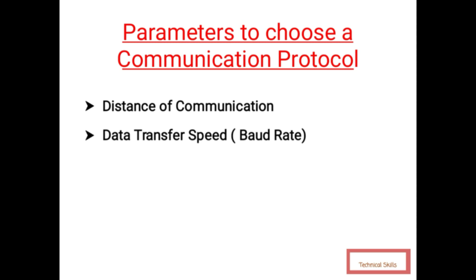Let's take the same PC to PLC example. Suppose we have to transfer a program from PC to PLC. We can use RS-232 cable because we have to transfer one-time data to PLC. So we don't need any very fast way of communication.